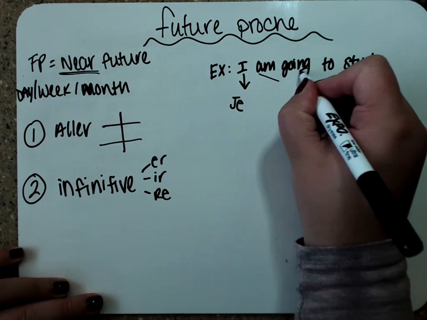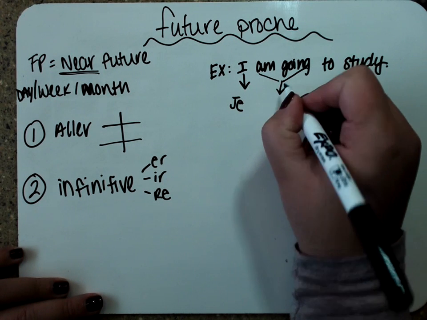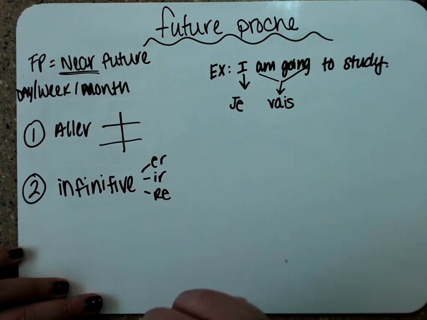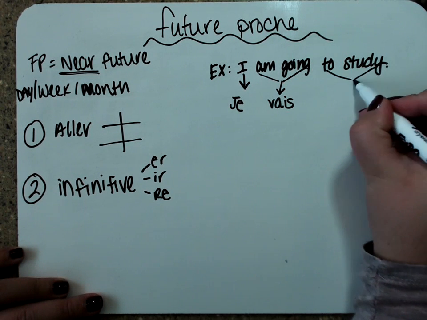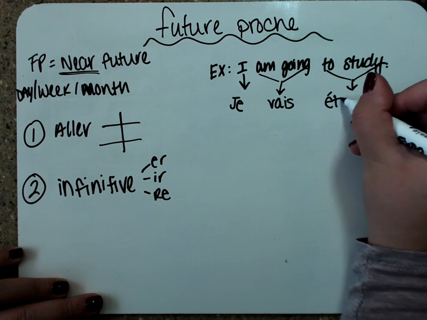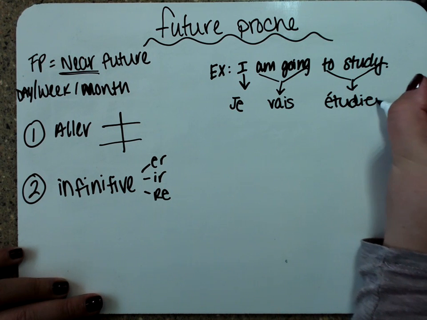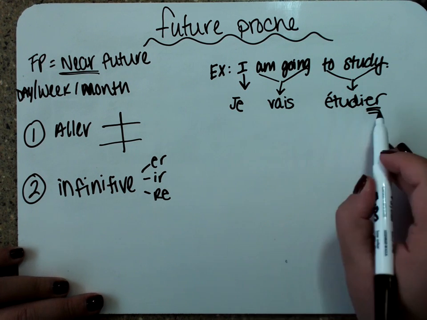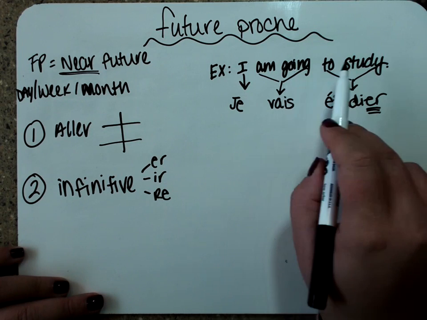Now this am going changes to a form of aller, which is vais. And now we need to study, which is going to change to étudier. And we keep that ER on the end. So, je vais étudier just means I am going to study.